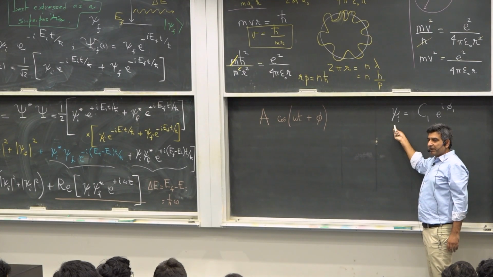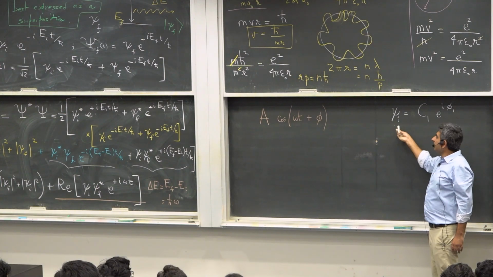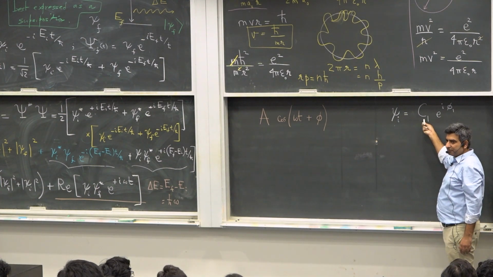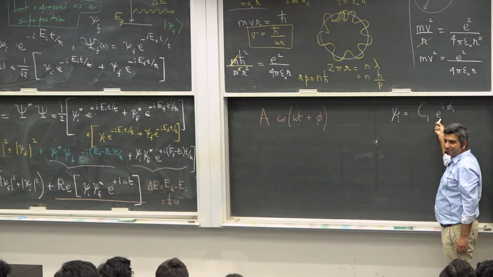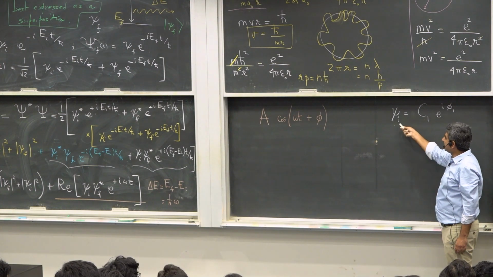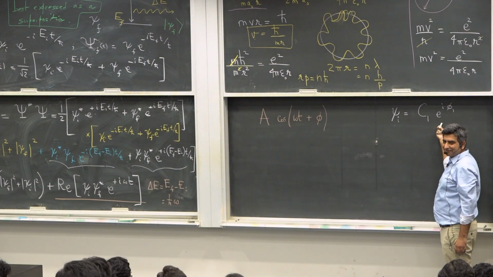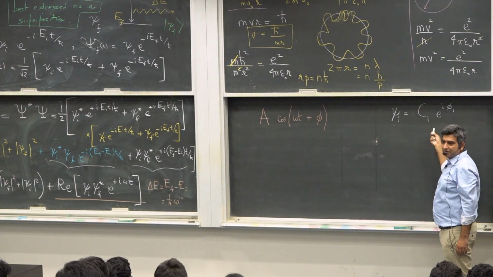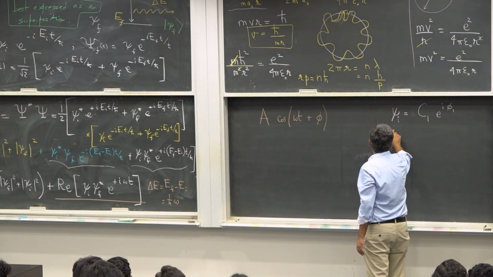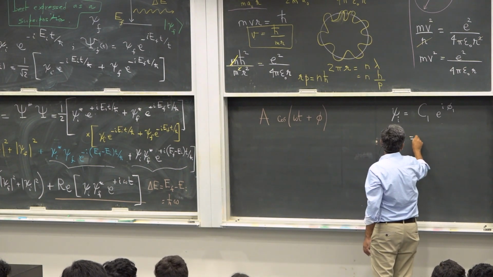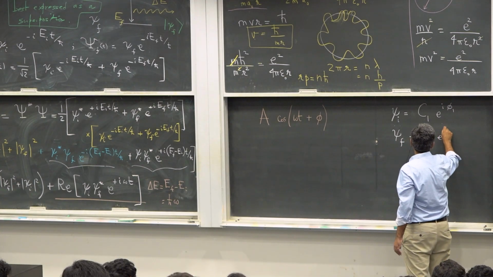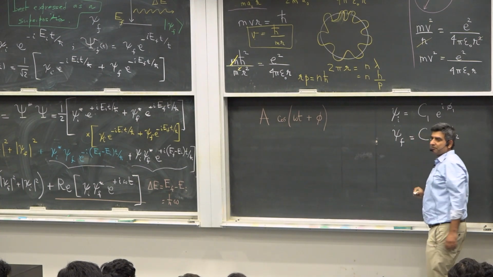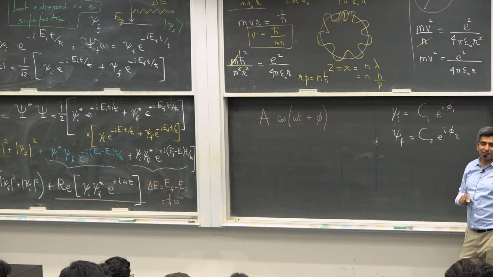This is a complex wave function. It's going to have a real part and an imaginary part. The general form of psi I is this, right? Psi f general form is some C2 e^{i phi 2}, correct?